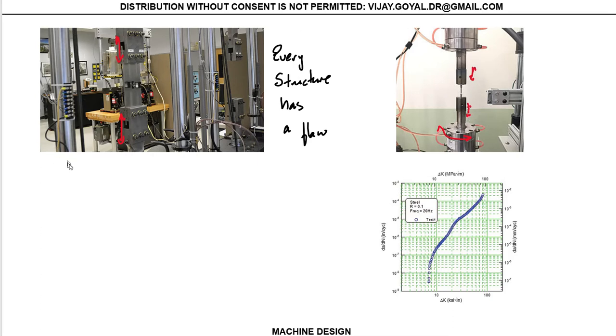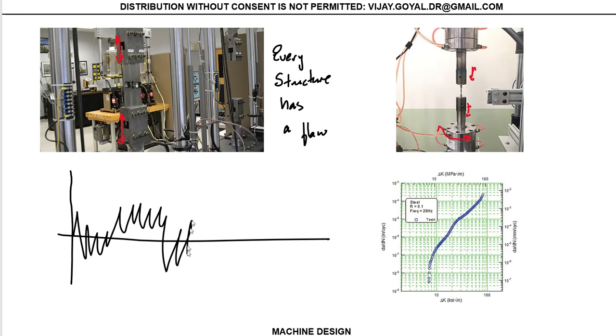So basically, in real life, you may have loads that do something like this. This is a cyclic motion. What we do in testing is, since it is impossible to model this exactly, we approximate this with some nice, very beautiful sinusoidal functions, and we replace that by that.